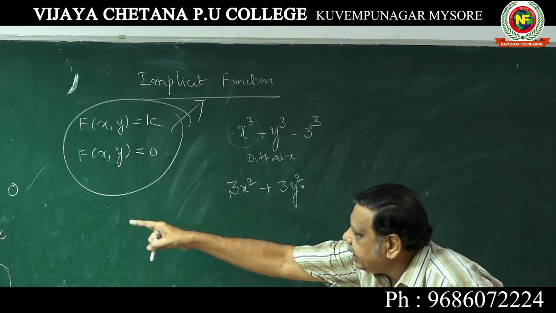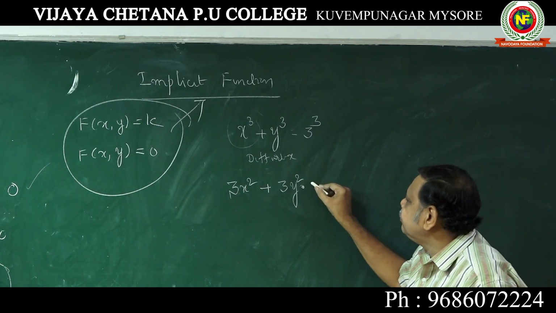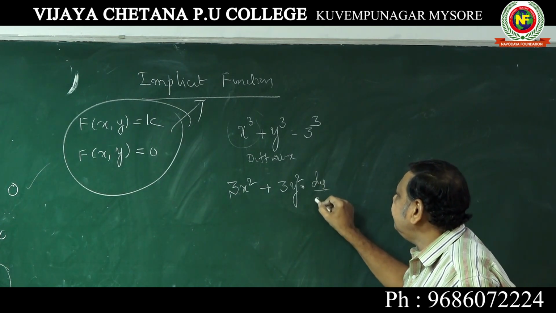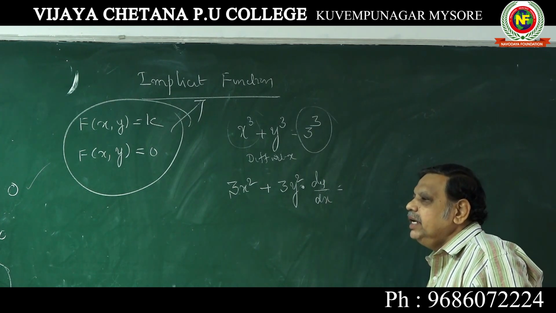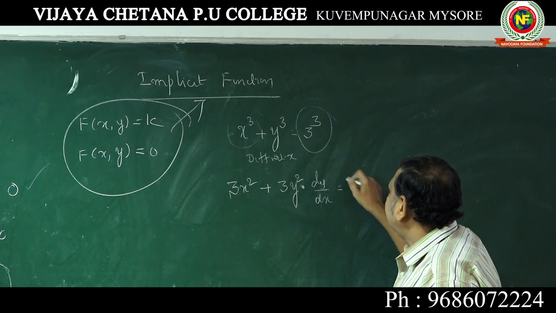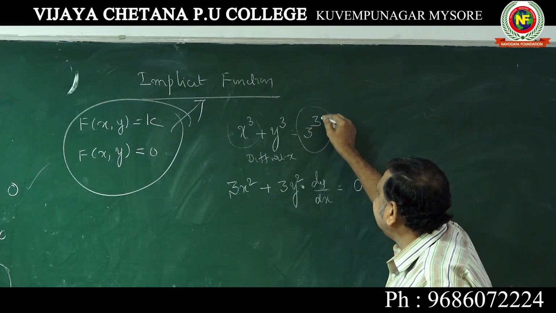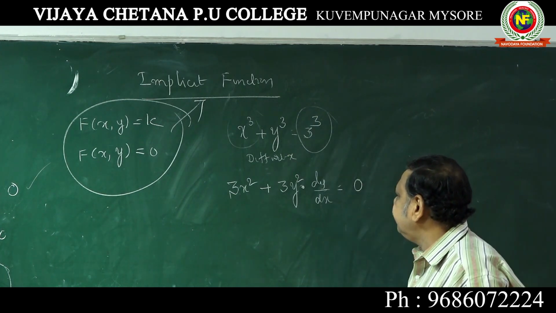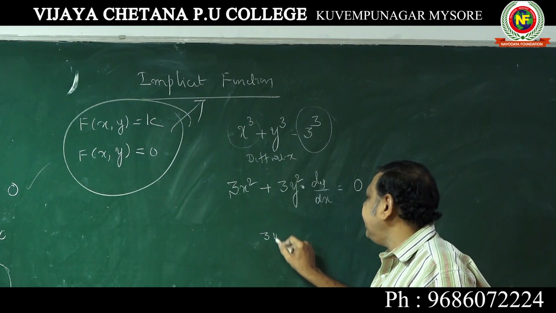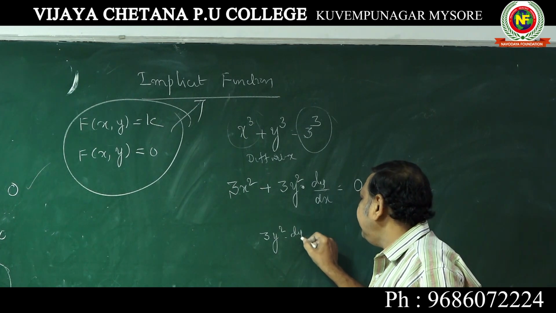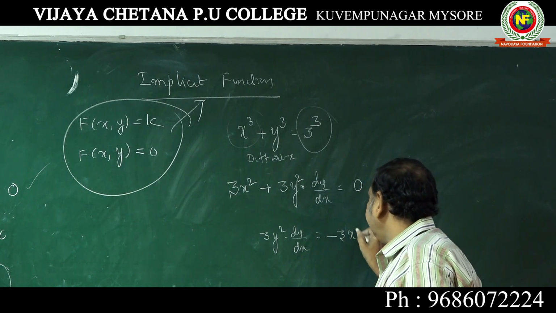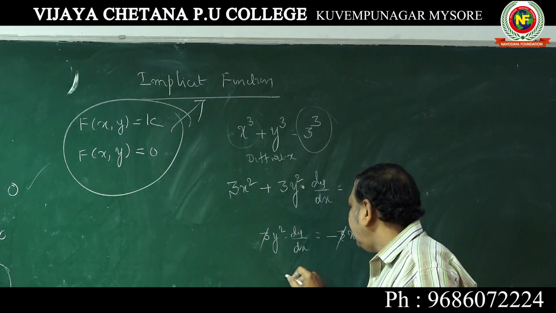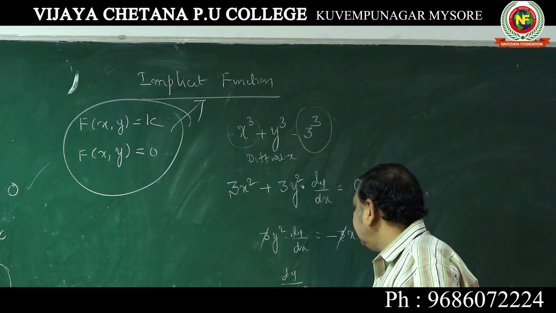After differentiating the y variable, you should write dy by dx is equal to, on the right side, 3 cube is 27, which is constant. Purposefully they give this 3 cube, it's all constant, so it is 0. Now 3y square dy by dx is equal to minus 3x square, 3 gone.